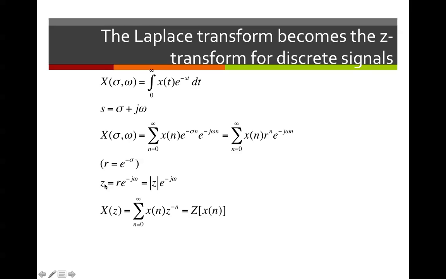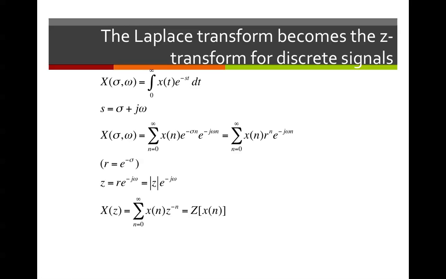So we'll define z to be r e to the minus j omega, and sometimes that's written as the absolute value of z times e to the minus j omega, because r is simply the magnitude of that complex number z.